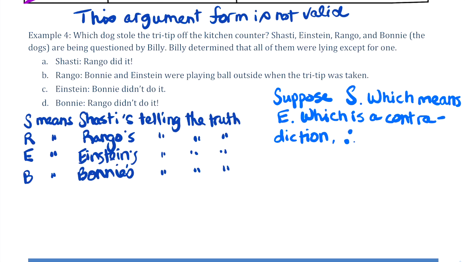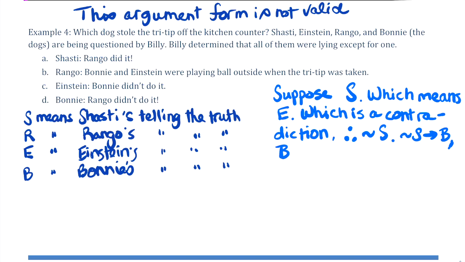So therefore, we have not S. Shasti's not telling the truth, right? Well, what would not S imply? Not S would imply that Bonnie's telling the truth, right? Because Bonnie's saying that Rango didn't do it. That makes sense?